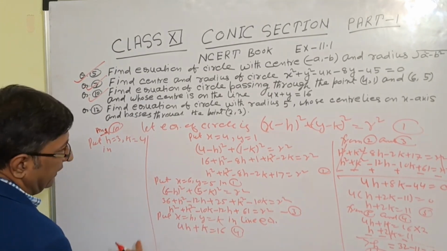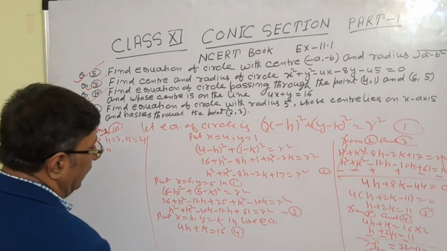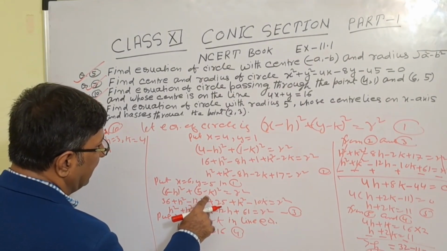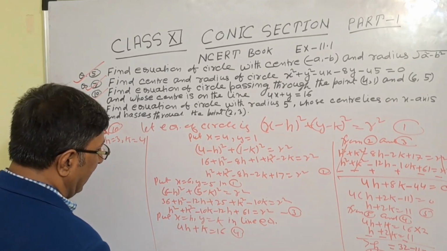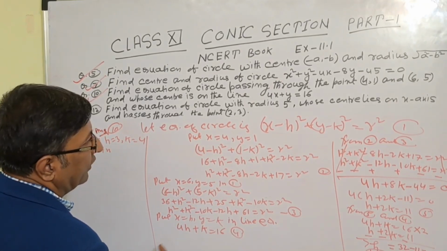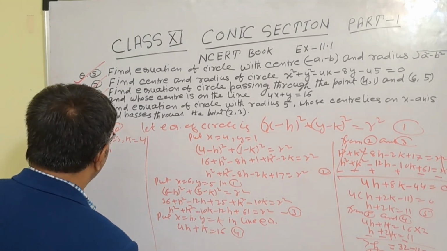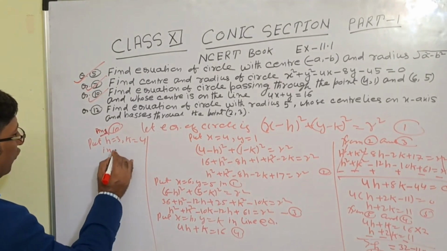So now with h and k, we have to find r. So you can put 6 minus h whole square, 5 minus k square equal to r square. In any equation you can put, equation number 2 or equation number 3. So we are putting equation number 2.